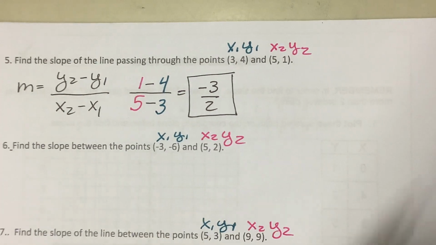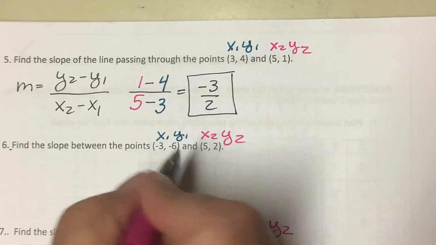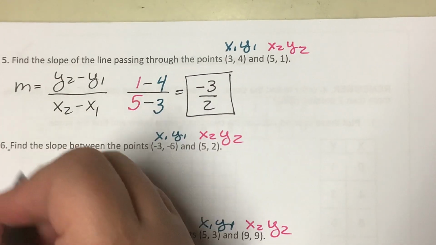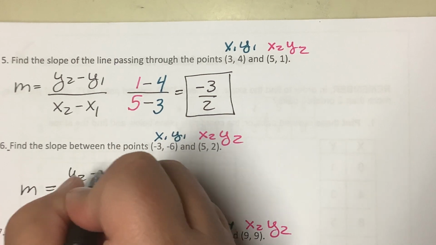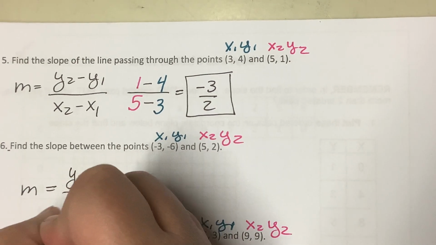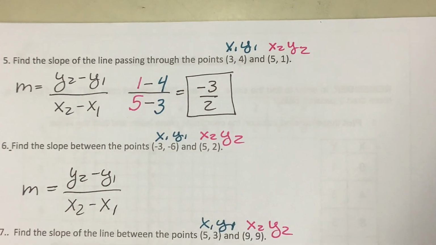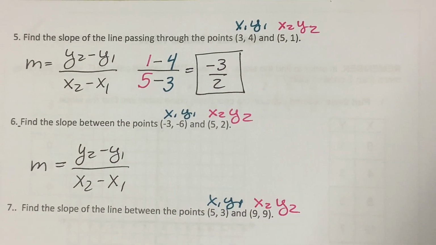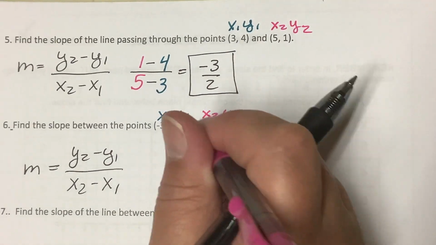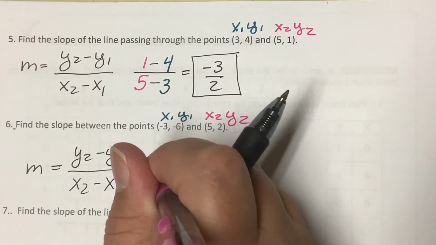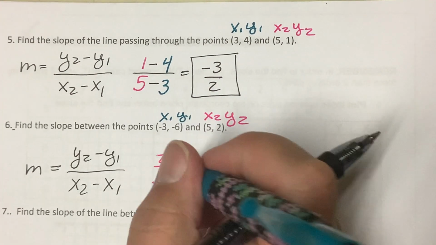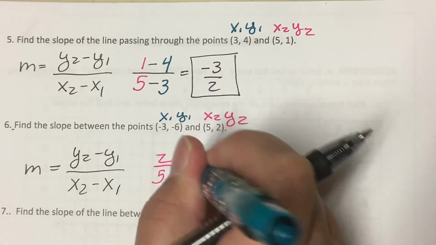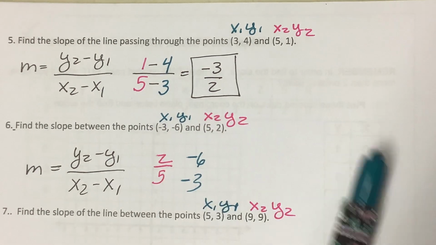For this one, oh, you know what? I'm going to write the formula again. I'm going to write the formula every time to help me remember it. M equals y2 minus y1 over x2 minus x1. See, the more I write it, the more likely I am to remember it. That's just my brain, though. So, 2 over 5, y over x, and negative 6 over negative 3.